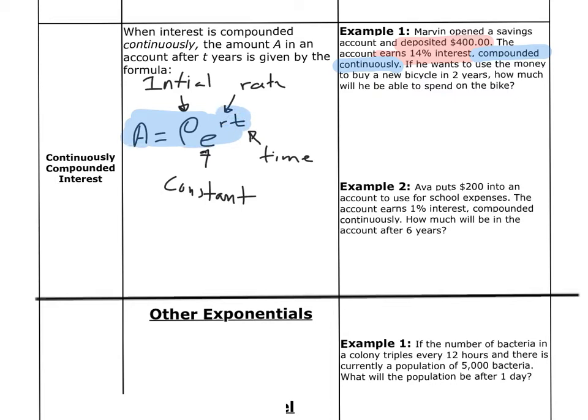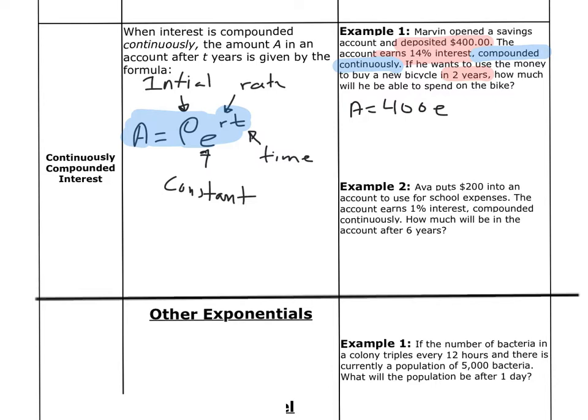Now, it goes on to say if he wants to use the money to buy a bicycle in 2 years, that 2 years being the time, how much will he be able to spend on the bike? So we're going to utilize this information. You end up having A is equal to 400, e is a number, raised to the r.